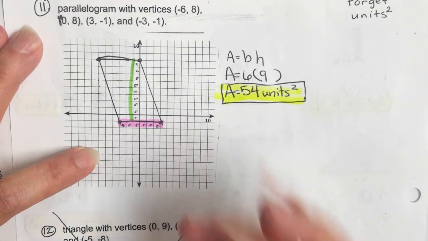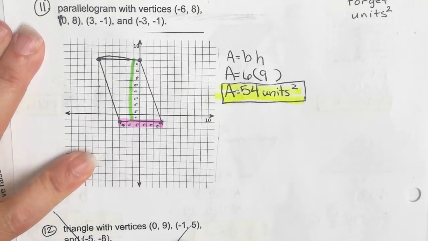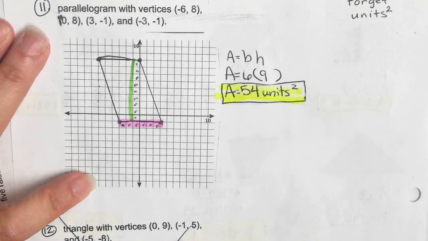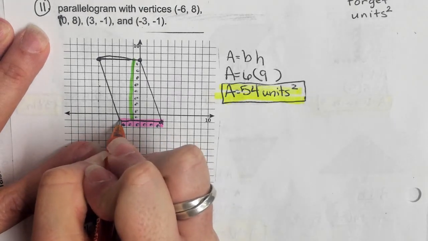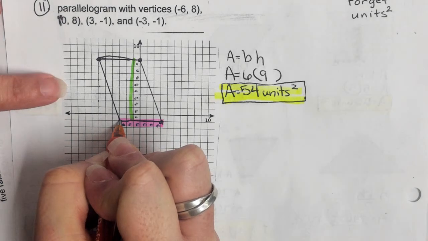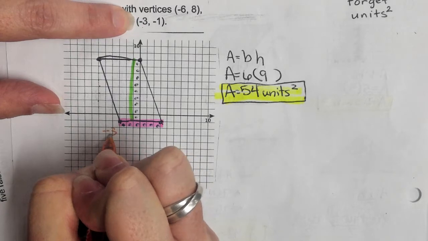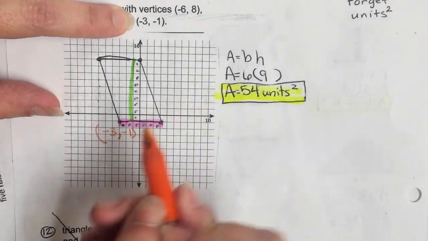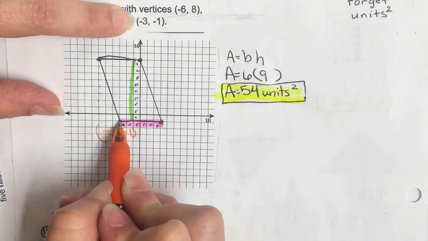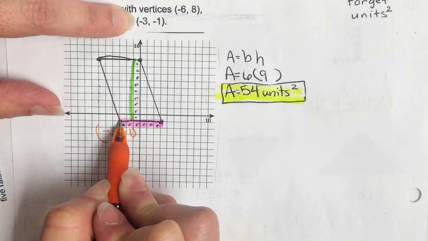And if it helps, listen, on a test, guys, look real quick. If I was you on a test, think about where this point is located. This point is at -3 and -1. So I want you to think about it. How far is it over from 0? 3. Okay, does that make sense?